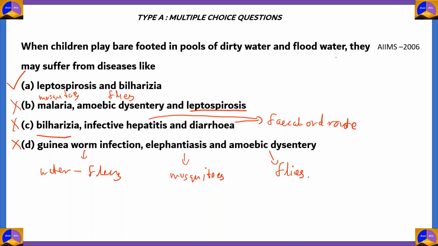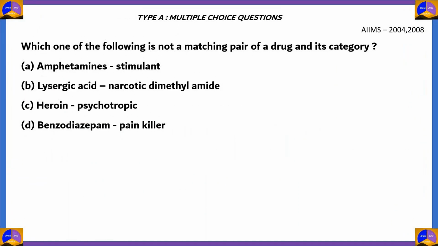Now let's move on to the next question. Which one of the following is not a matching pair of a drug and its category? So we need to find out which of these is not matching. So let's look at each of our options. Option A, amphetamines is a stimulant.